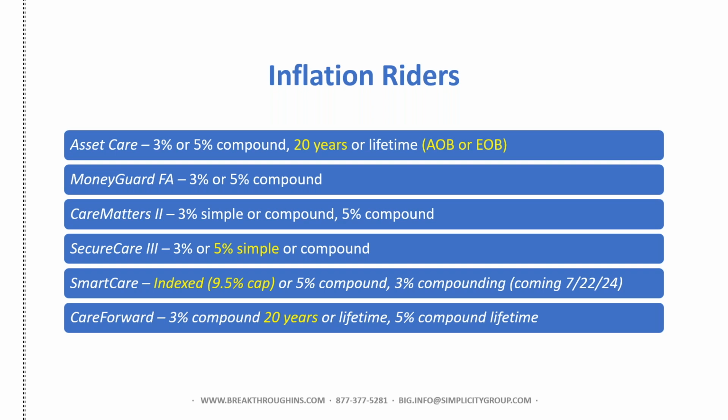The problem is that 9.5% cap is not guaranteed. Every year, Bright House has the right to change that cap. And this product is not very old yet. It's only about 4 years old. So what we've seen is those products that were sold 4 years ago at a 9.5% cap are now renewing at about 8%.